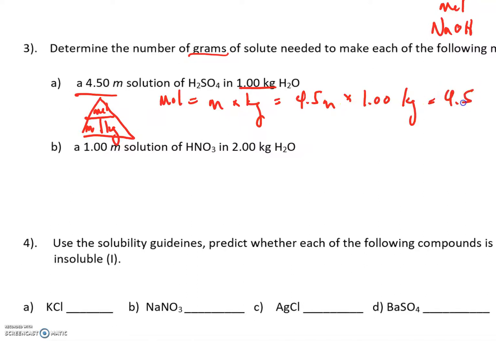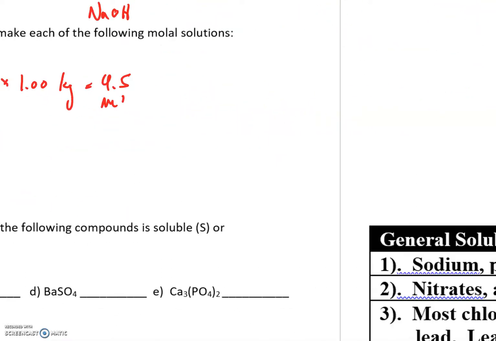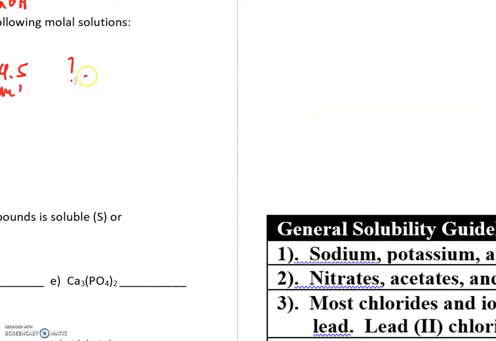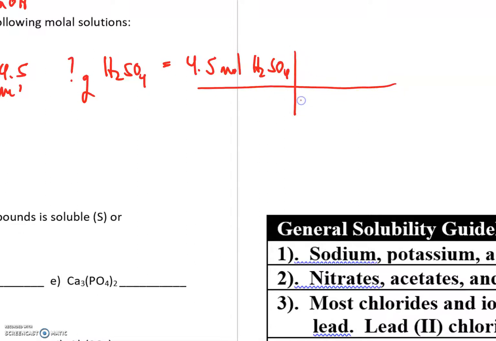That's 4.5 moles. Now, it's asking how many grams of our solute, which is clearly sulfuric acid. So how many grams of sulfuric acid, H2SO4, do we have if we have 4.5 moles of H2SO4? And we should know that the molar mass of sulfuric acid is 98 grams.